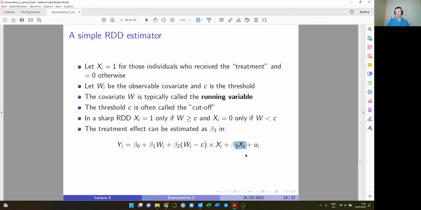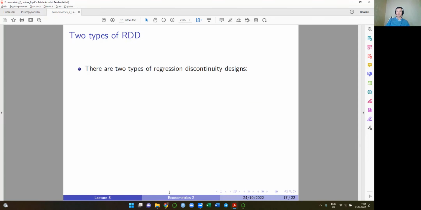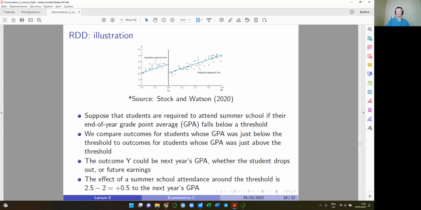If x is 0, then y is a linear regression model here, this one. I guess it's simple. So for the control group, we have this. Let's go back here. It's going to be this part. Just a regression line.